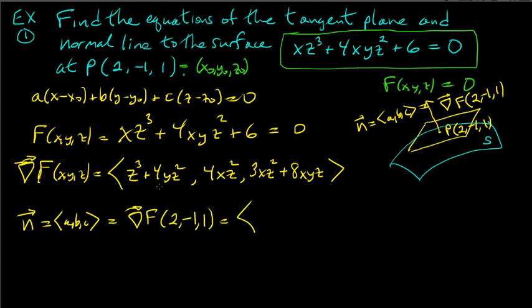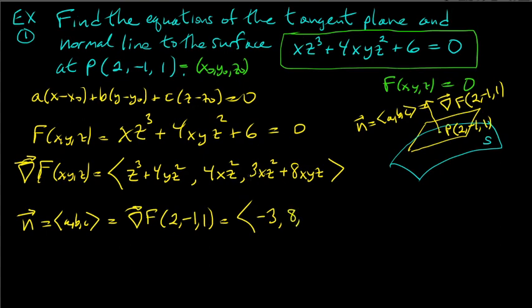And what do we get? So let's see, can I do this all in my head? 1 cubed plus 4 times -1 times 1. So 1 minus 4 is -3. And then 4 times x times z squared, so 4 times 2 times 1 squared is 8.